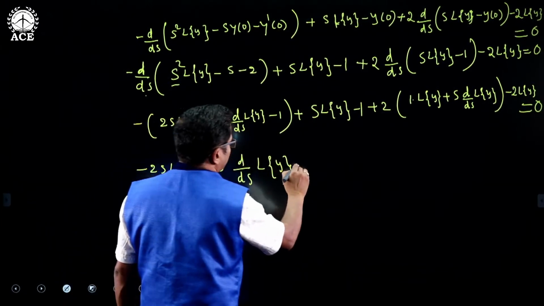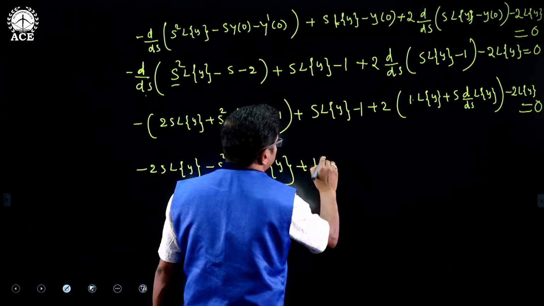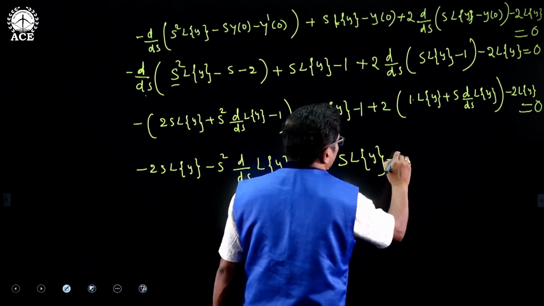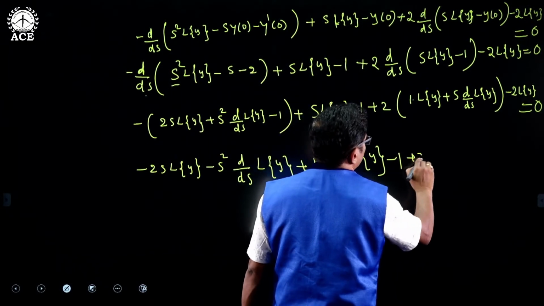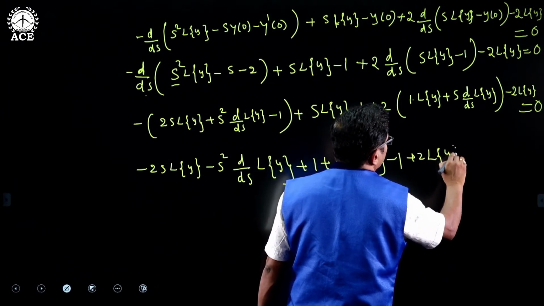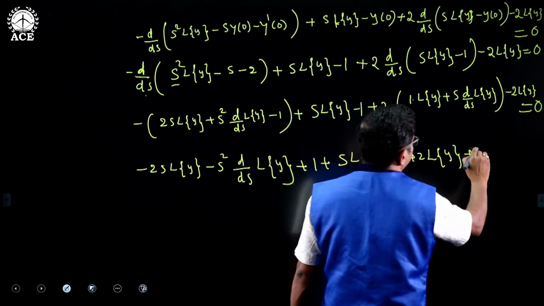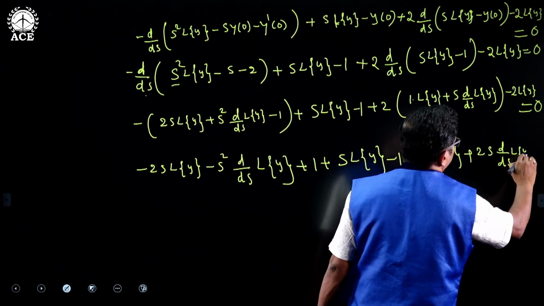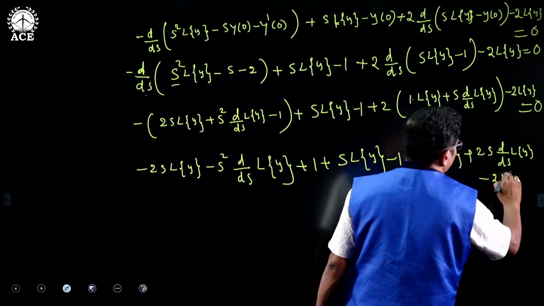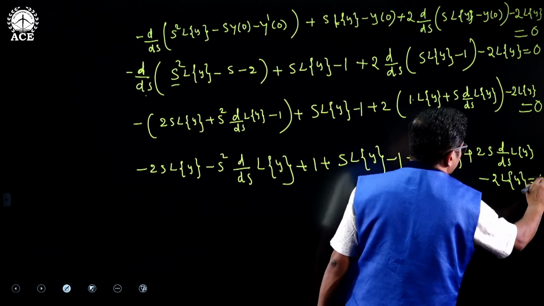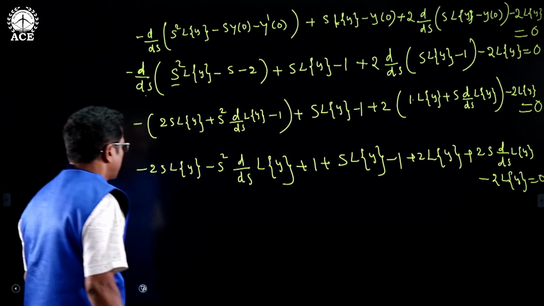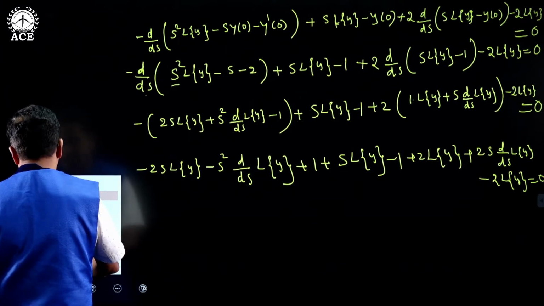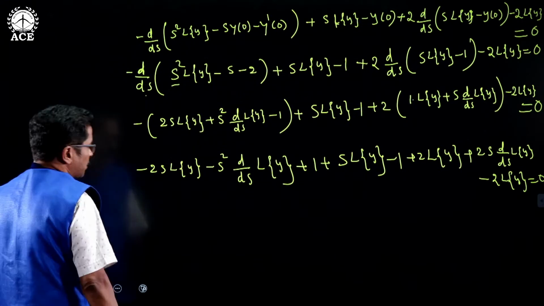So minus into minus plus 1 plus s into L of y minus 1 plus 2 into L of y plus 2s into d by ds of L of y minus 2 into L of y is equal to 0. Now from these terms, wherever d by ds of L of y terms, these you take under common.